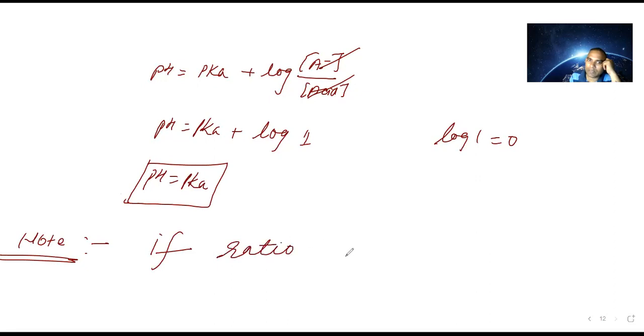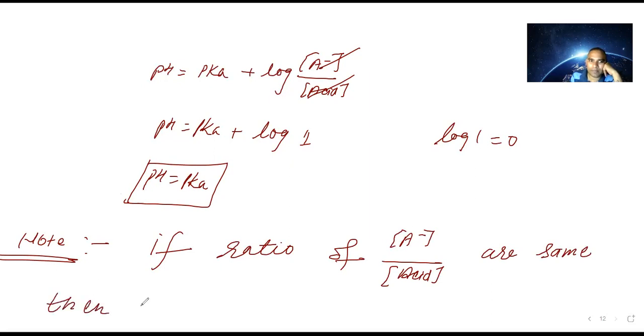If the ratio of A minus upon acid is the same, then the pH will also be the same.